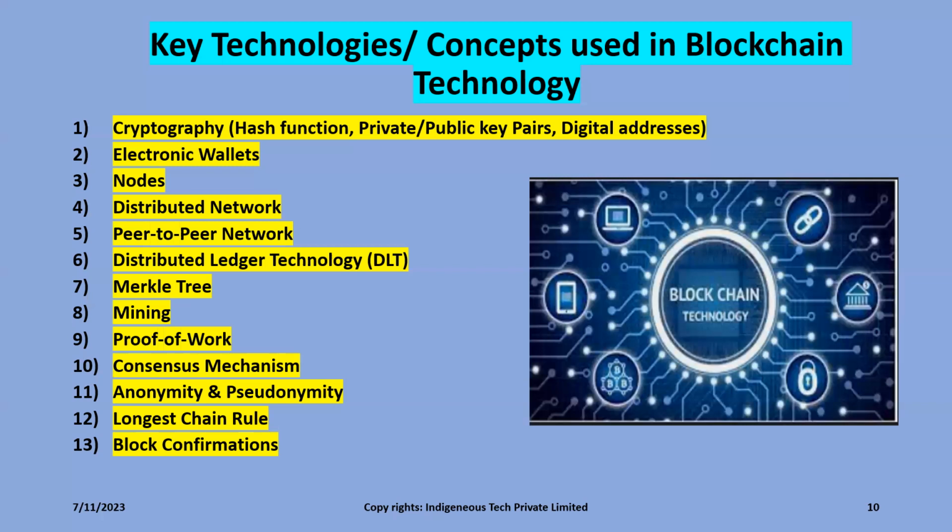Then there is something called a peer-to-peer network protocol. Suppose person A sends Bitcoin to person B, the communication will move in such a way that the fastest path between the two peers will be followed. There is a protocol written for that, and that is an additional technical innovation by Satoshi Nakamoto and team. And then we have distributed ledger technology. It is just the opposite of a database. A database normally is centralized.